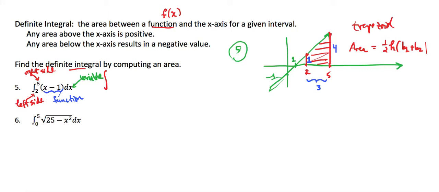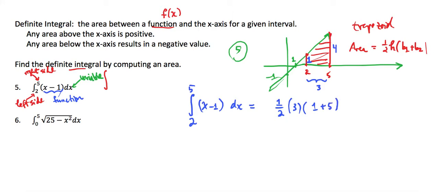So now we can compute the area, and let's just practice writing the notation. So this is the definite integral between 2 and 5 of the function x minus 1, using the variable as x, is equal to, because it's a trapezoid, 1/2 the height times the first base plus the second base.